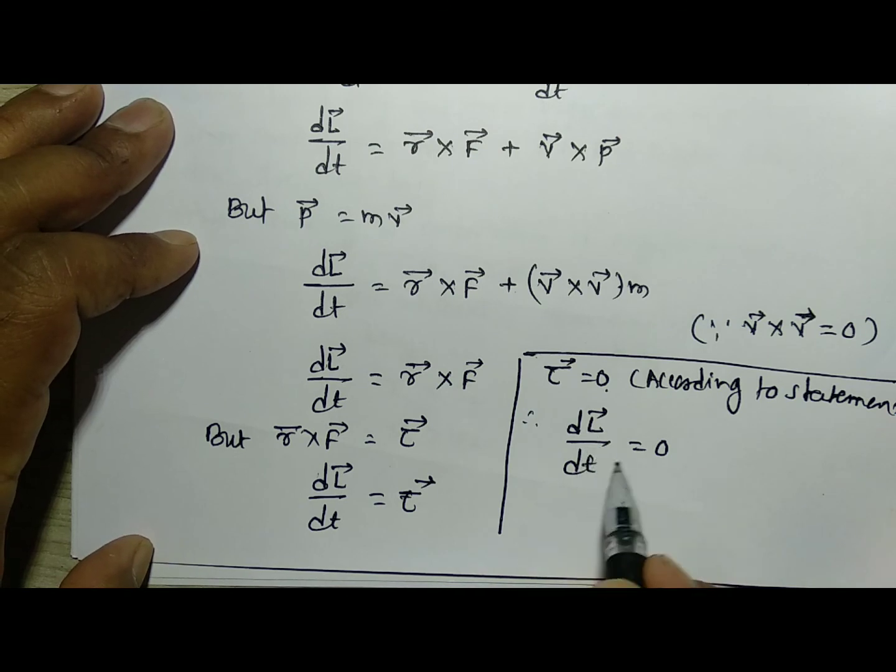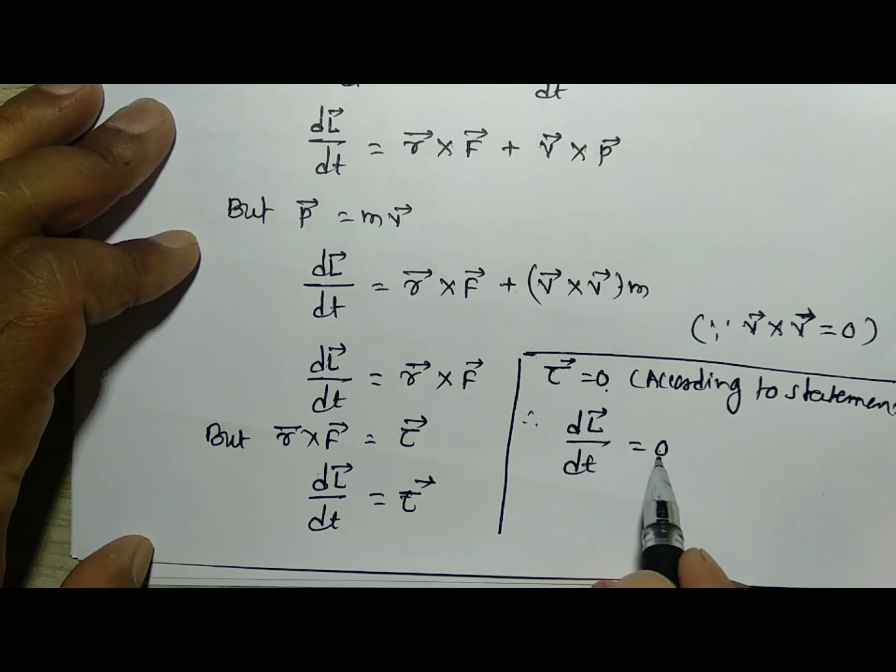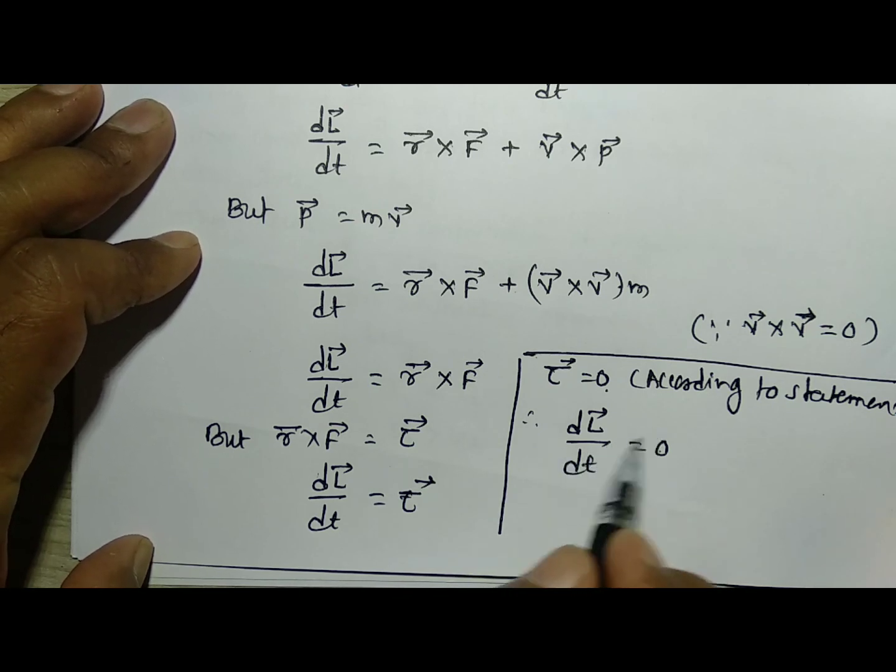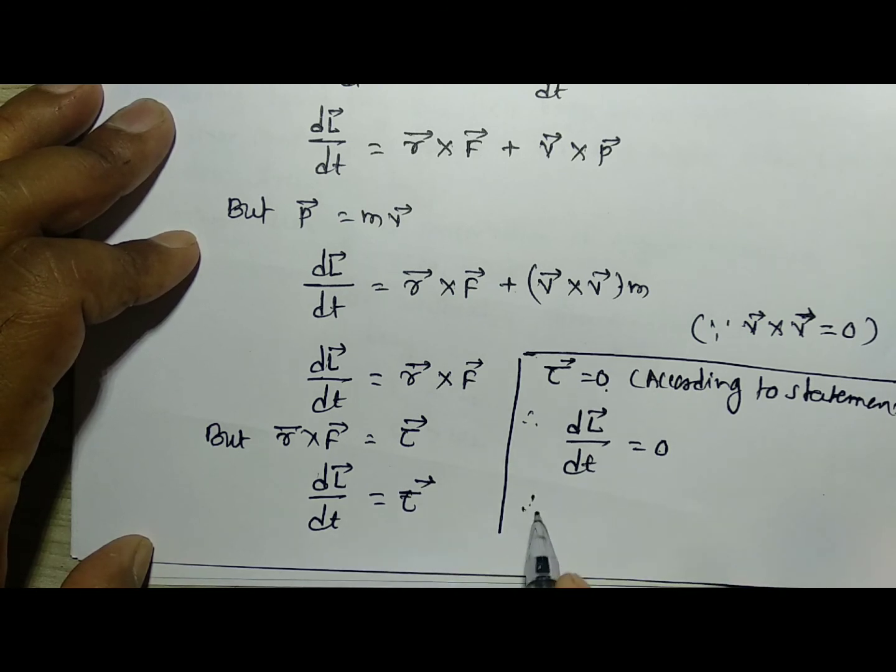What does it mean? The derivative of a function is equal to 0 when that function is a constant, since we know the derivative of a constant is 0. Therefore L bar is a constant.